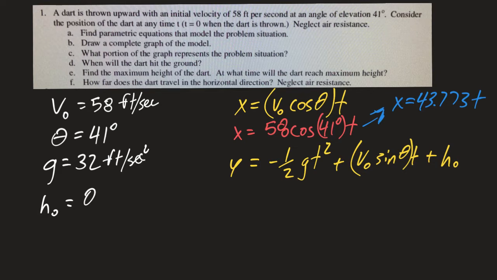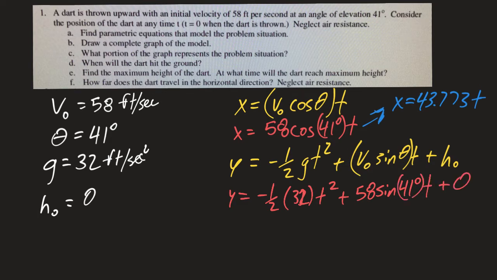And let's do the same thing with our y equation. So y equals -1/2 times 32 t squared plus 58 sine 41 degrees times t plus 0 for that initial height. And we can really do a lot to clean this one up. The first term very easily will become -16t squared.